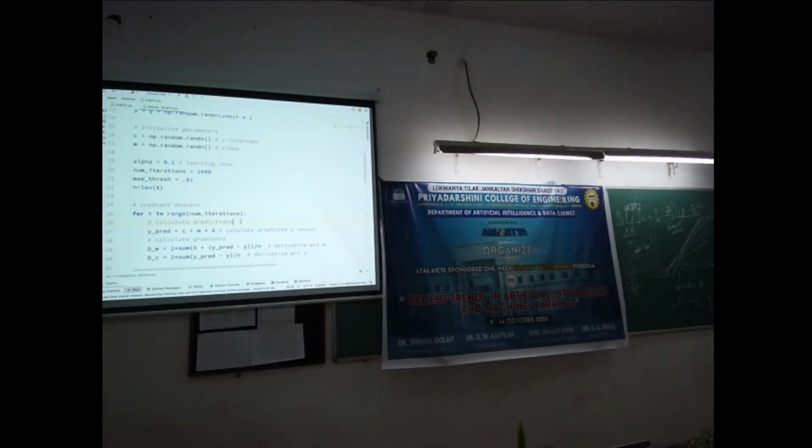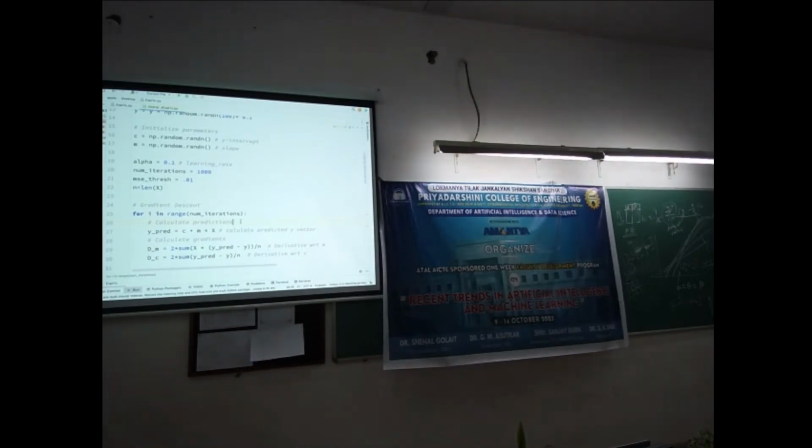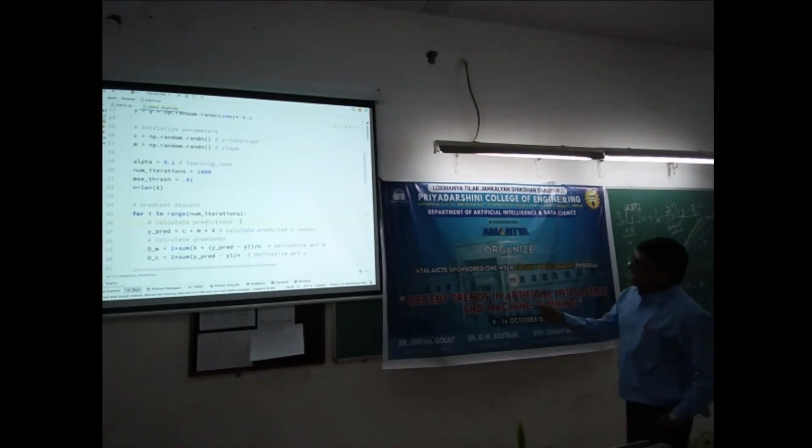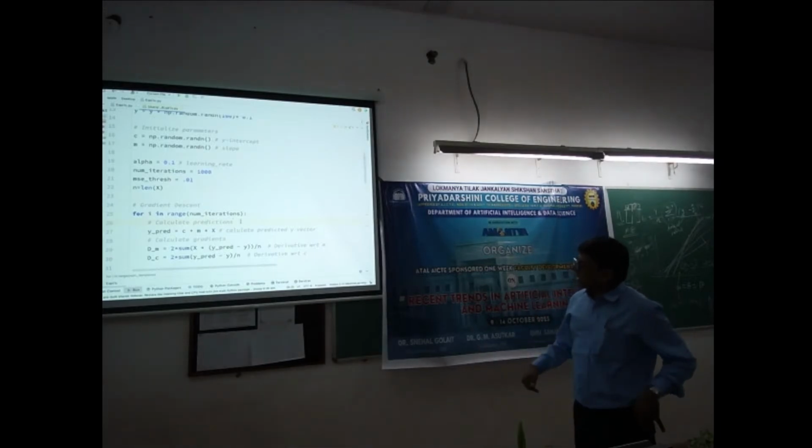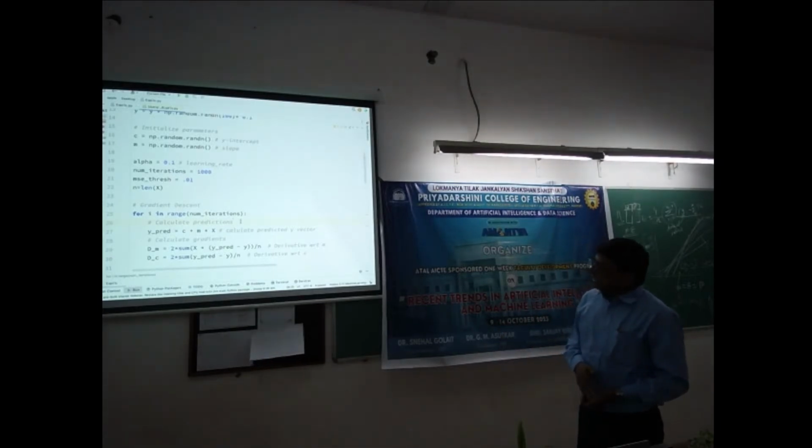That line may be wrong, an initial hypothesis, and because of that I get y prediction, which is equal to c plus m into x. That is y equal to mx plus c. So calculate predicted y.